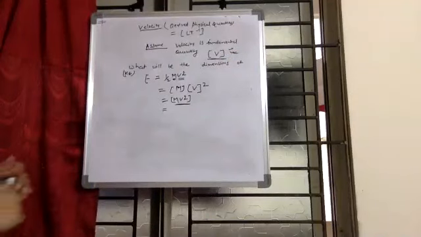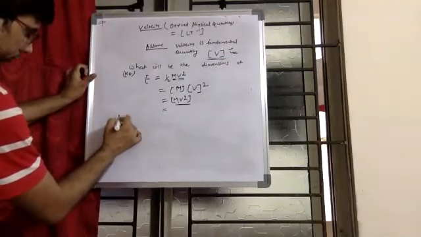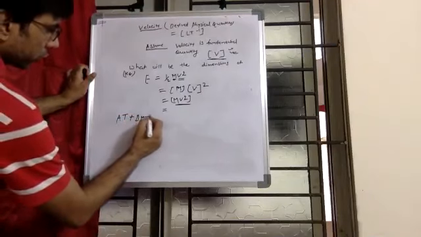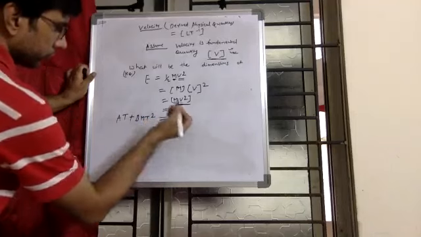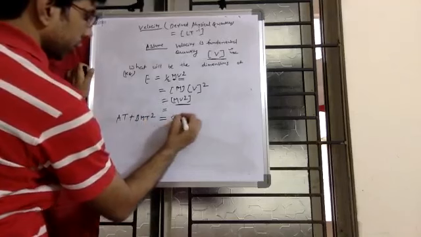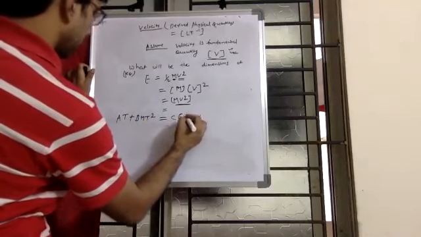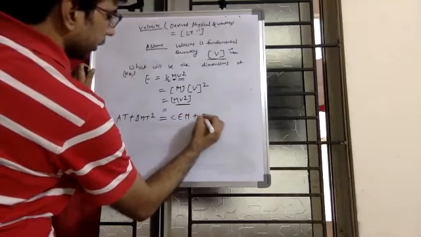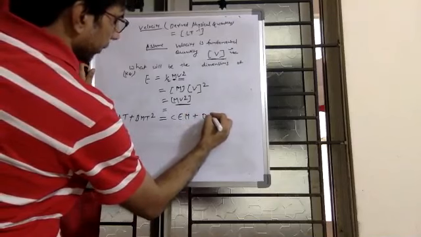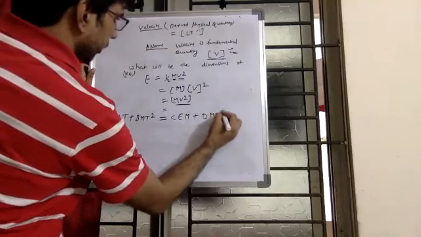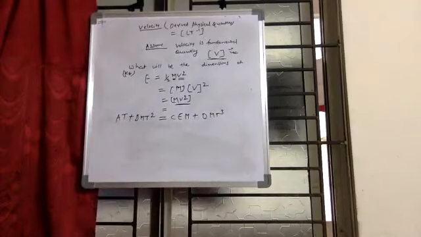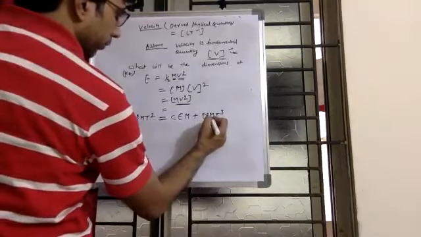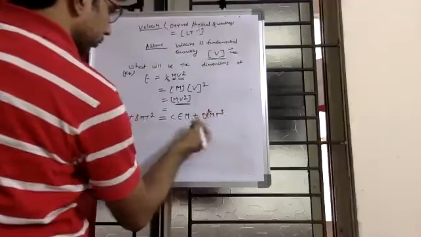They will have a very huge equation, something like AT plus BMT square equal to CEM plus DMT cube, some completely different thing they will say. In that also they include E square or something.